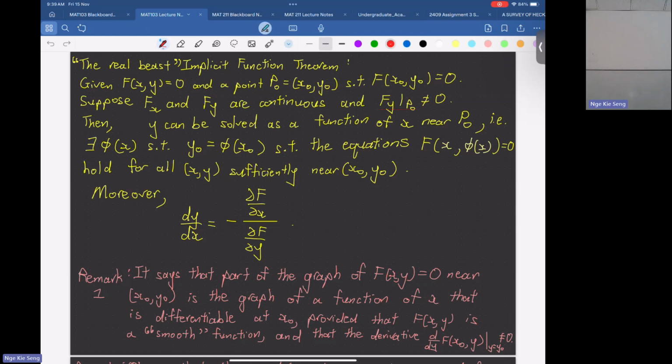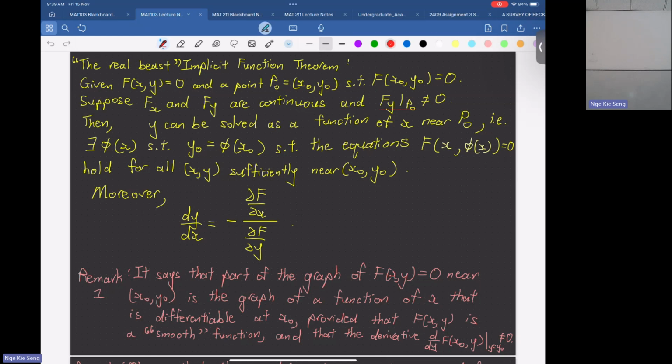Just now, what was the problem with x cubed plus y cubed equals 6xy? The problem was that I cannot write y in terms of x. But now this theorem says you can.